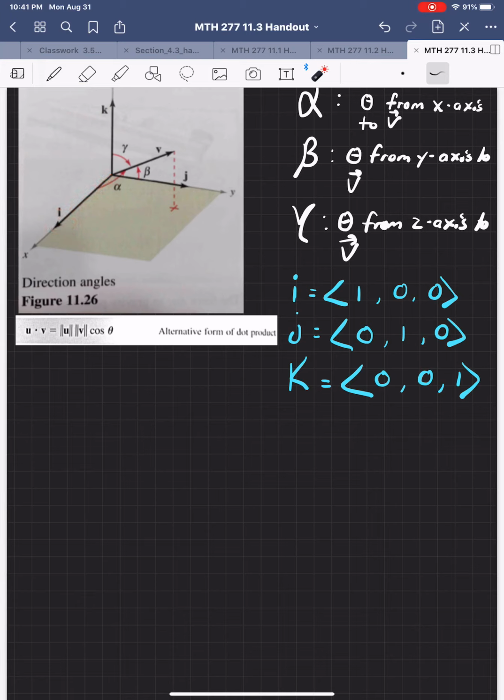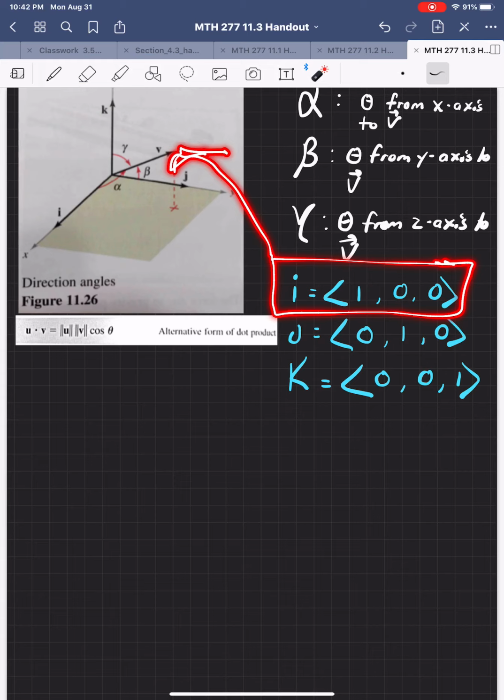So I can get you to your directional cosines fairly quickly. All I have to do is, instead of discussing a vector u dot v, let's just assume for a second that the two vectors of interest to us are one of the directional vectors, say i, and then v.